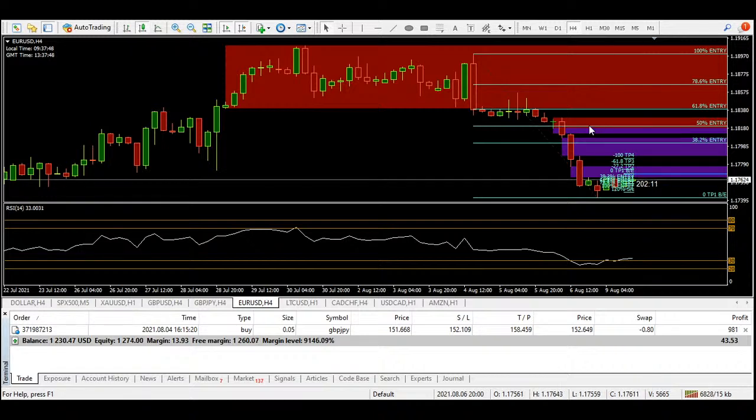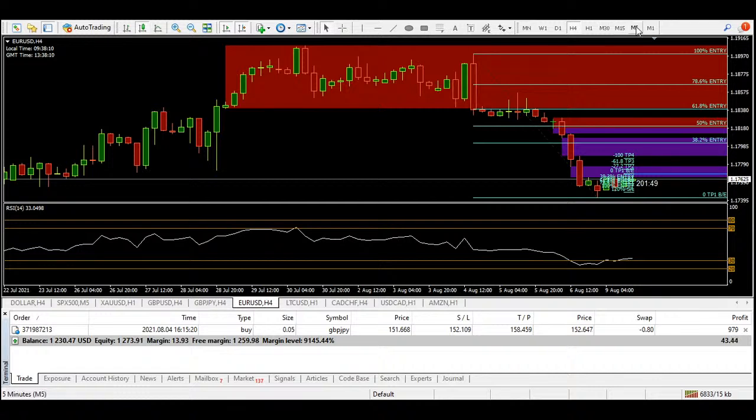And worst case scenario, this is my bias. Worst case scenario, we'll get a wick through the 61.8 and then push off. I'm thinking we'll probably actually get a test and maybe a wick through the 50% entry before continuing down.